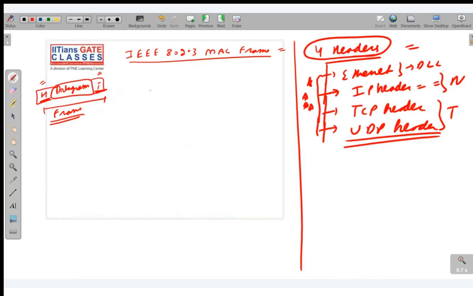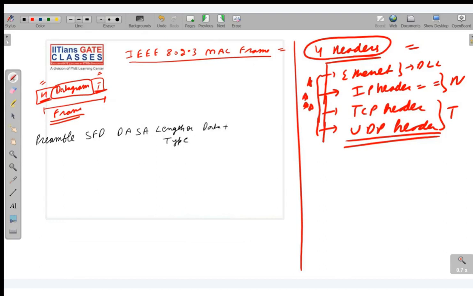Okay, so now we are going to start the IEEE 802.3 MAC frame. So let me start. The very first field is the preamble. Let me write it here. Preamble. Next is SFD, start frame delimiter. Destination address. Source address. Length or type field.